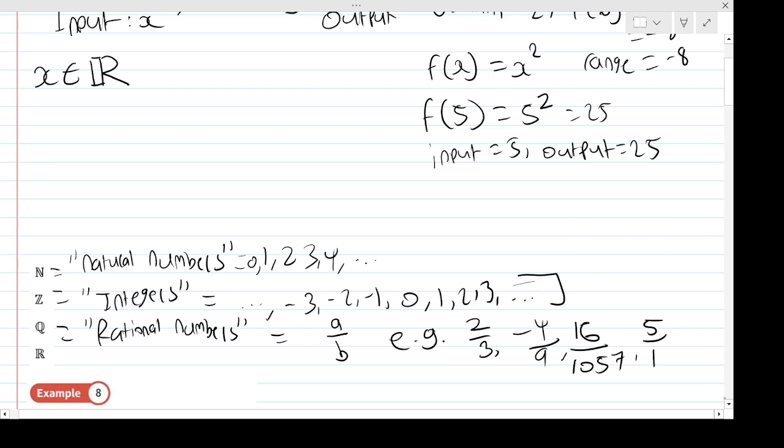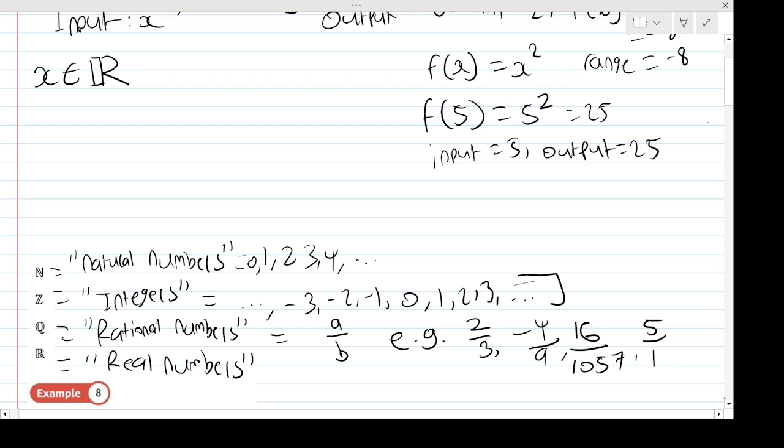Rational numbers. And this last one, R, is reals, and these are real numbers. So this is essentially every number you can think of. Basically, a real number is rational and irrational as well. Now, the irrational numbers, we looked at an example of this with surds, right?